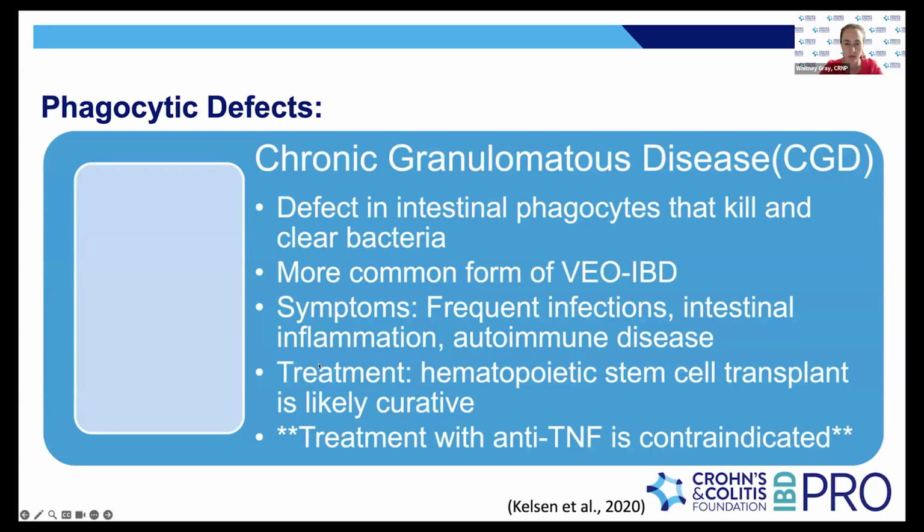And this is probably one of the more common forms of VEO-IBD, so much so that if anyone has a diagnosis with granulomas on their biopsies, even if they're not in the VEO category, we generally look for chronic granulomatous disease using the neutrophil oxidative burst assay, specifically because, as we talk about below, treatment with an anti-TNF is contraindicated, which is something we use quite commonly in pediatrics. And so that would be something we want to make sure we're not missing, because it could set the patient up for really poor outcomes if that's missed.